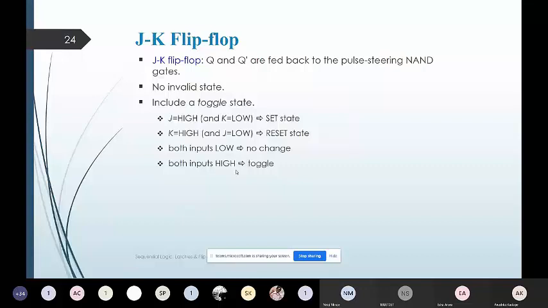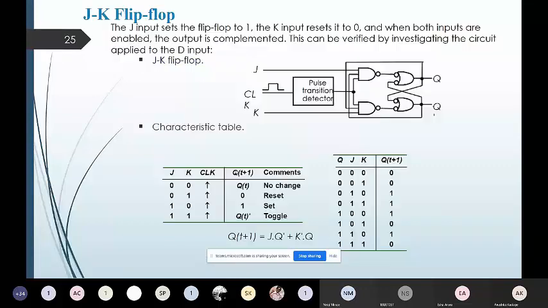Now we will understand how this state and the three basic components of the circuitry are going to work. Here you can observe that instead of S and R inputs, J and K inputs are present. The clock signal is given to the pulse transition detector, then the NAND gates, and after that the cross-coupled bubbled OR gates, which we are seeing as the pulse steering.